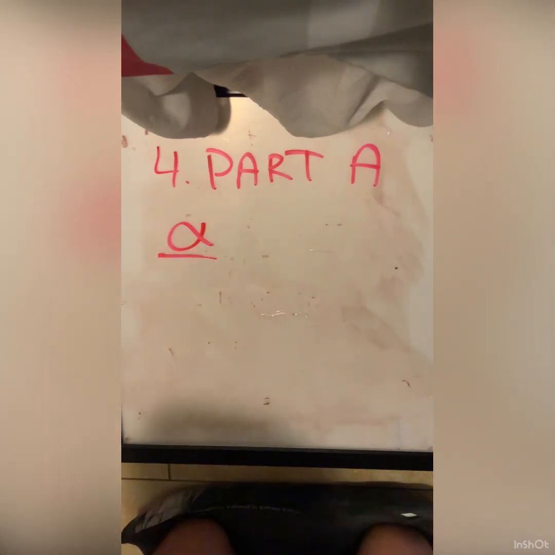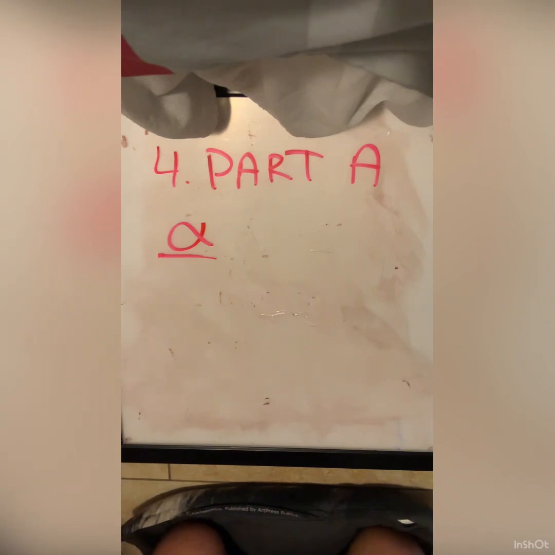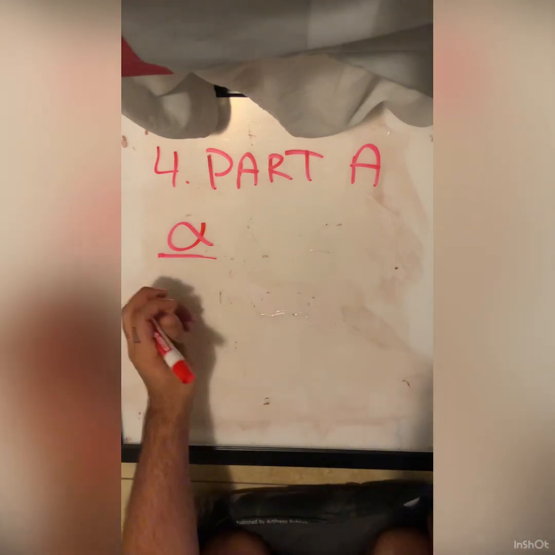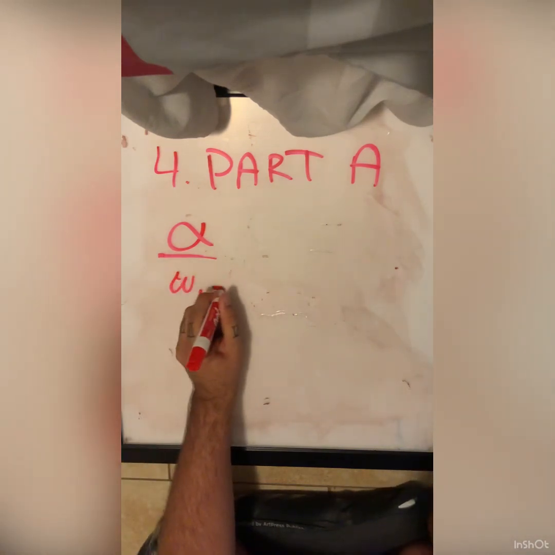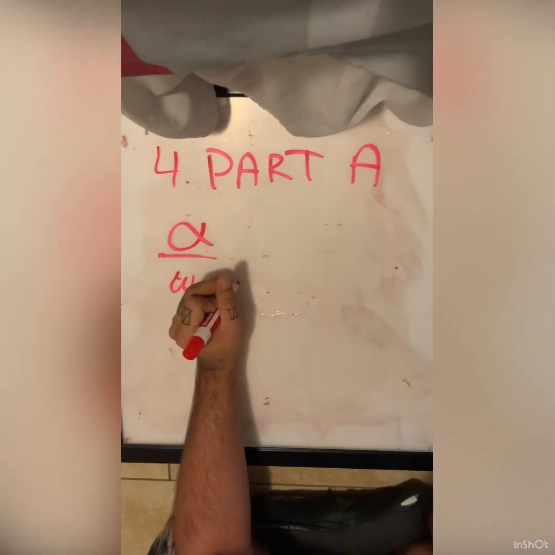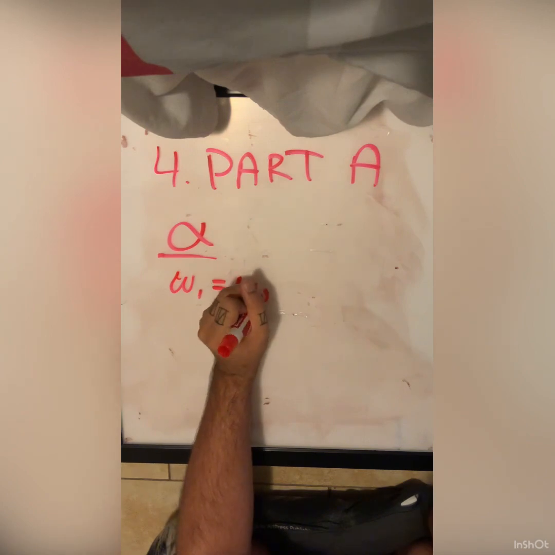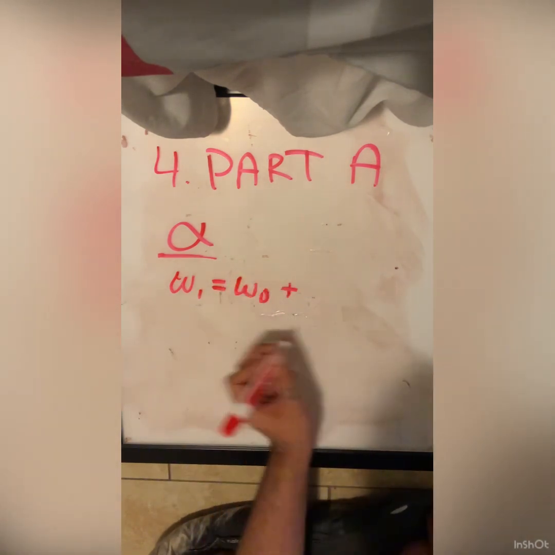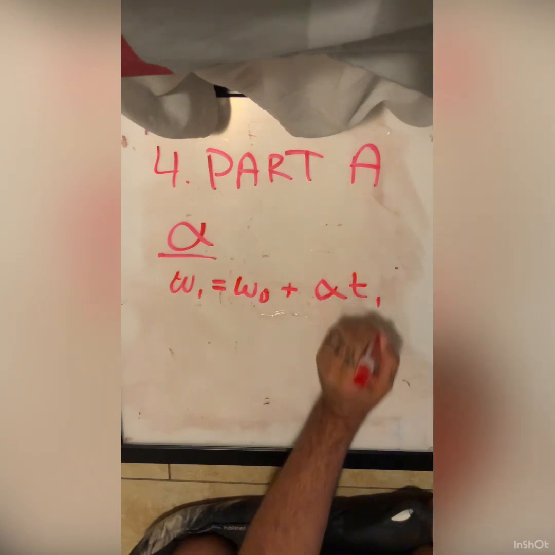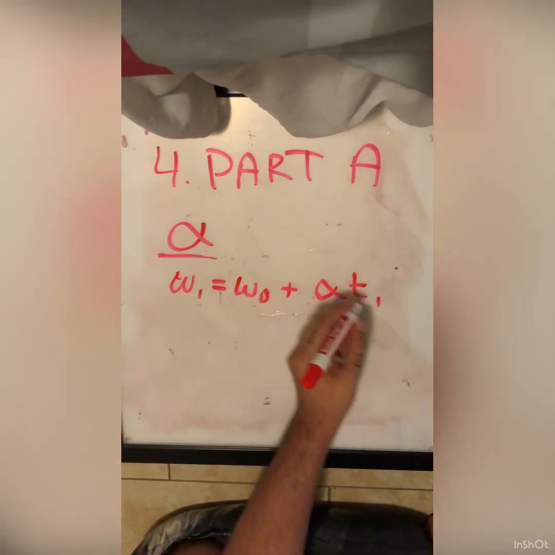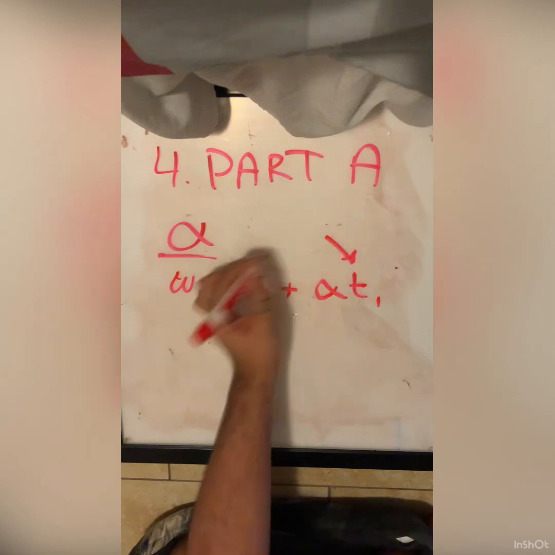So we're going to use our equation to find angular velocity, which is angular velocity final equals angular velocity initial plus angular acceleration times time. And we're trying to find time.